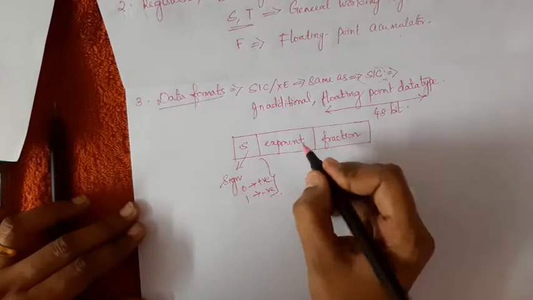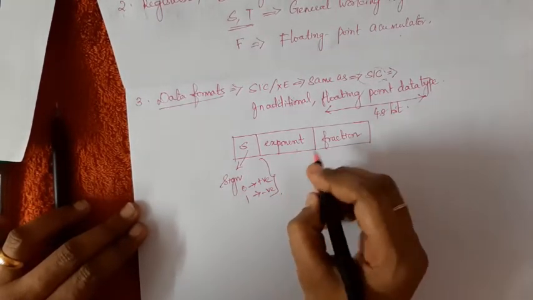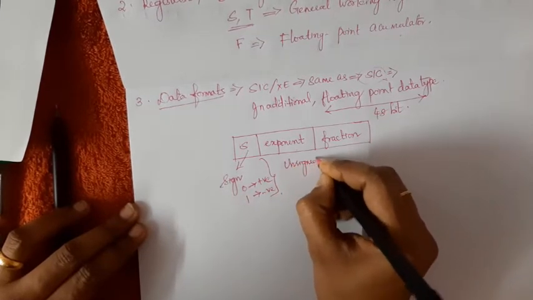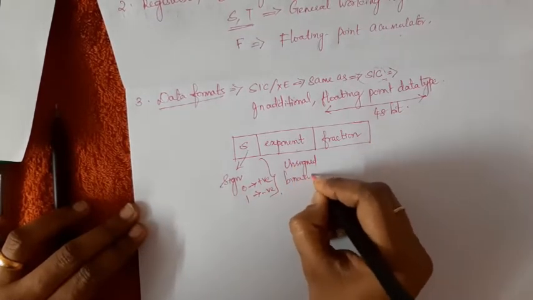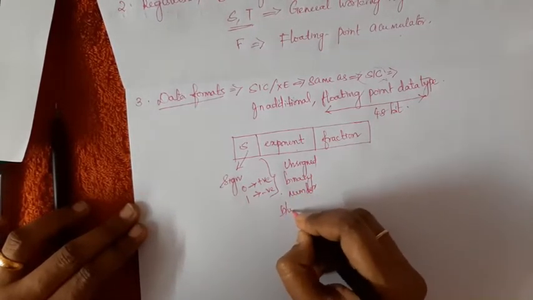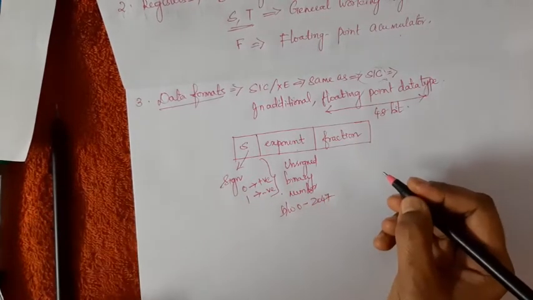This exponent is interpreted as an unsigned binary number, in the range between 0 and 2047.